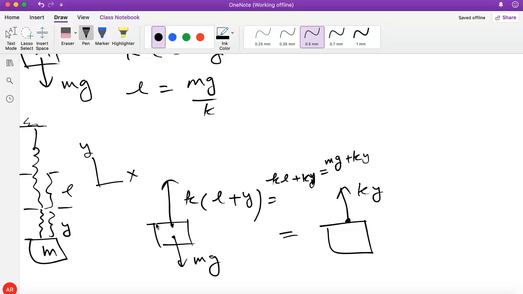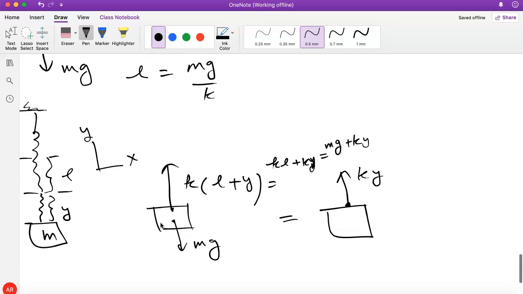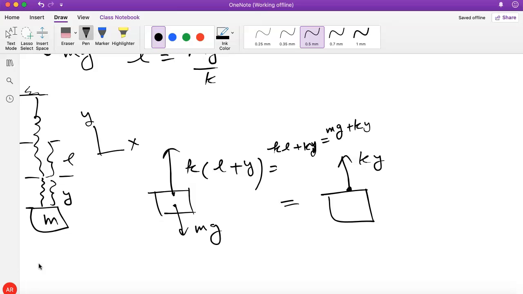And then I got an upward force, which is, you can think of it. So if I put in some coordinate system and assign signs to these things, it's going to be minus ky, right?